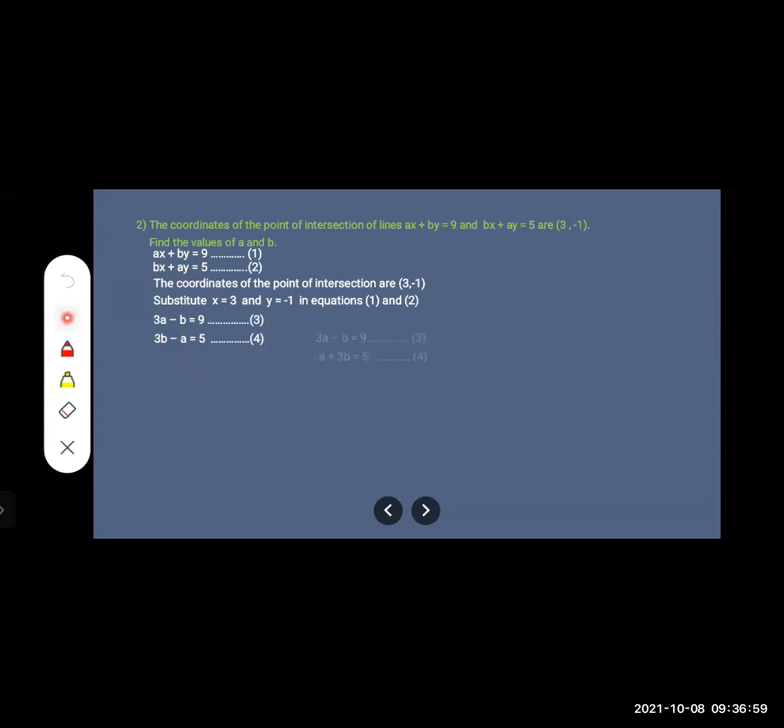So I have written here 3a minus b equal to 9, and this a I have taken over here. See, this minus a I have written here, minus a, plus this 3b. So this equation I have written in proper manner. That means a coefficient on one side and b variable on another side. Is it clear, children?